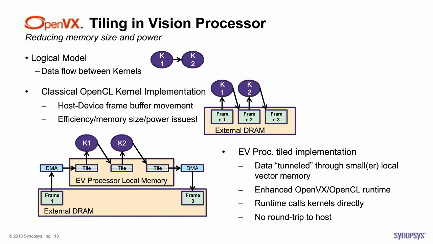With tiling, what we do is we just take the first 10 rows from the frame and feed that into the processor and start analyzing that, and then pass the results to the next stage and on through the processor.